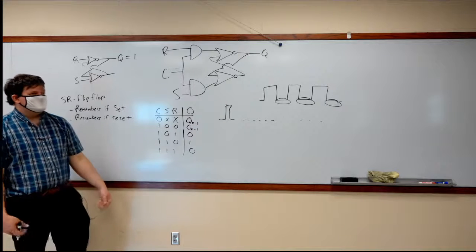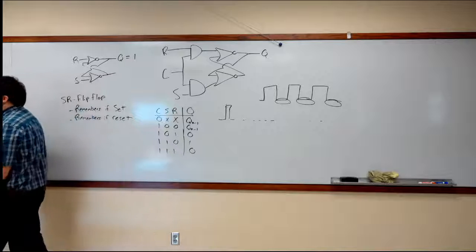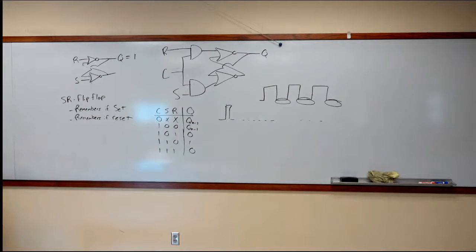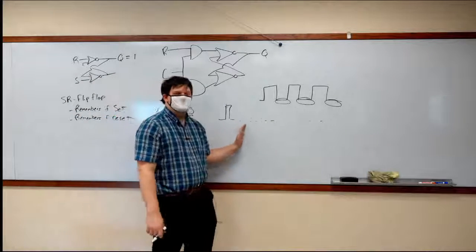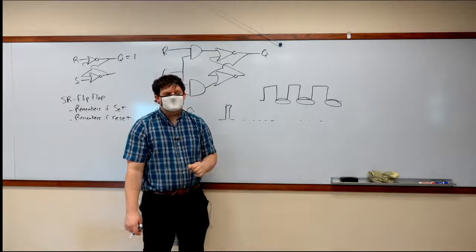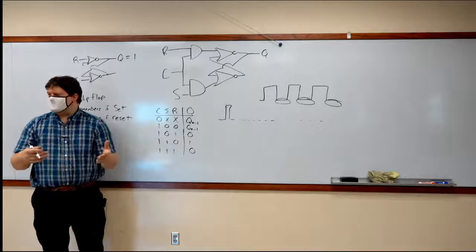Well, this introduces the idea that we need something a little bit nicer in order to figure out what's going on here. Instead of taking it for the entire time it's on, we're going to have something called an edge-triggered flip-flop.